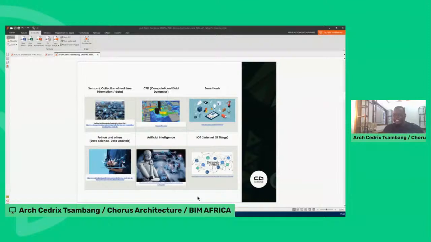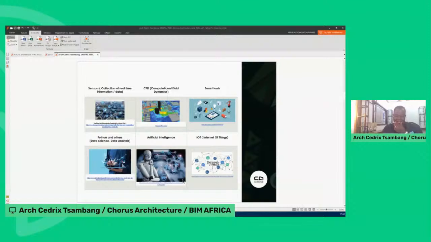Okay, you have data science, data analysis. So I'll be tackling all the issues as an architect, not the IT expert or whatever. But in a digital world, collaboration, cooperation, and multidisciplinary approaches are the best way to have it. We have artificial intelligence, of course, and the Internet of Things.